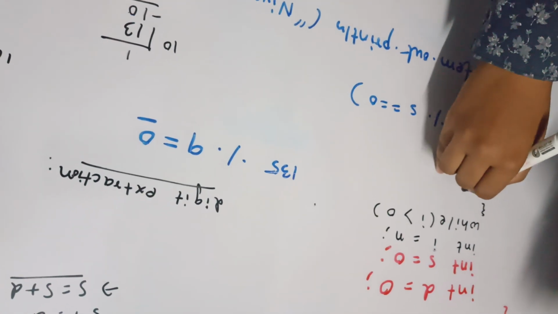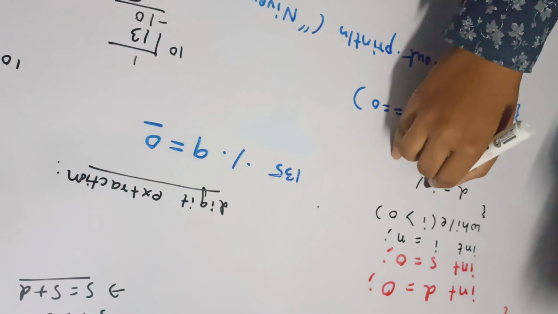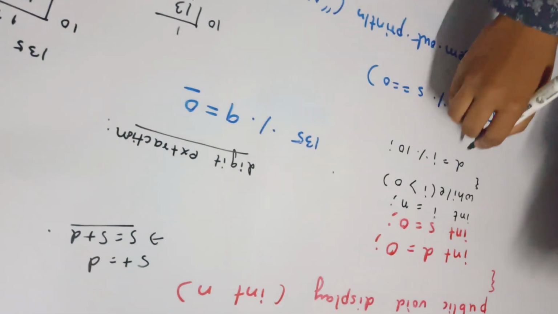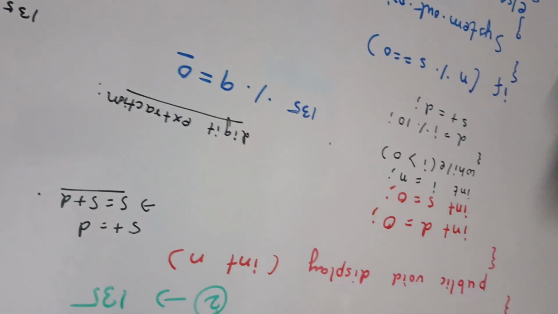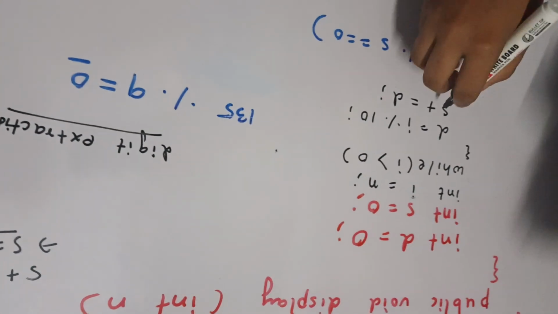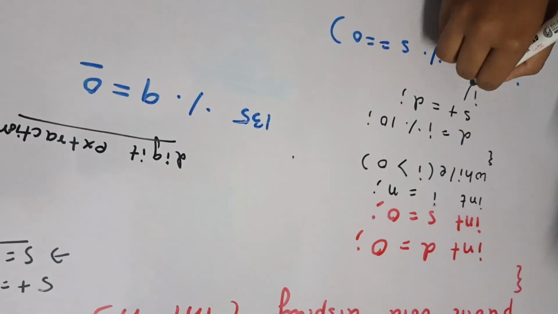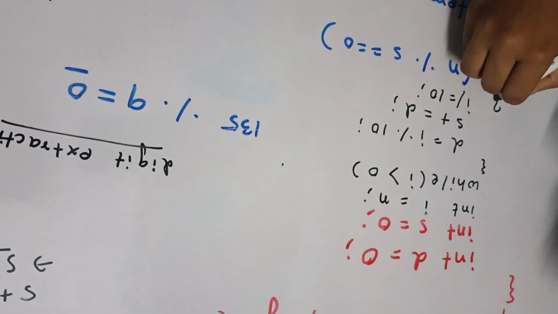Whatever we wrote inside the loop, d = i mod 10 and s += d. And now we will write the iteration statement, meaning i /= 10.